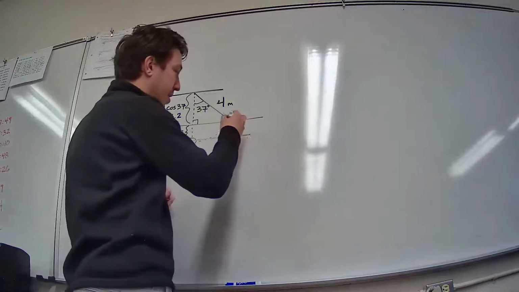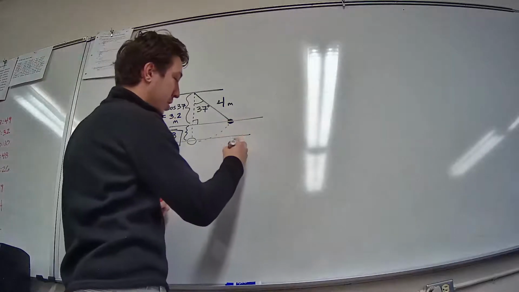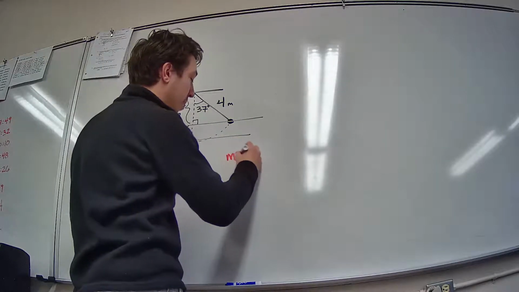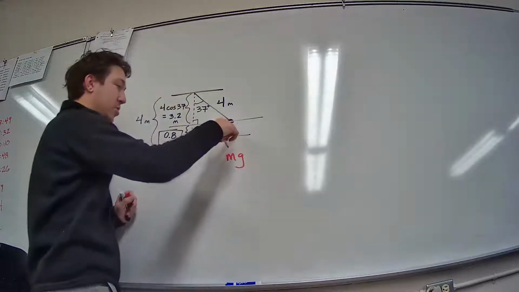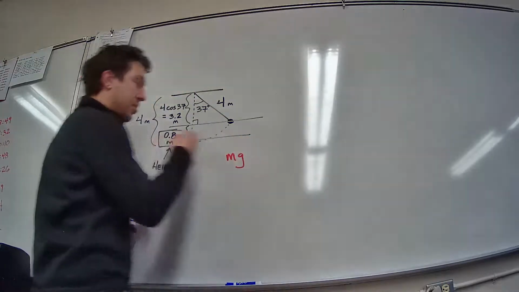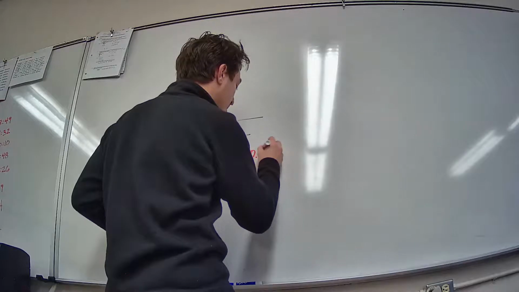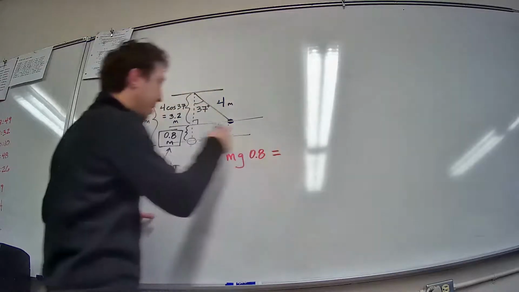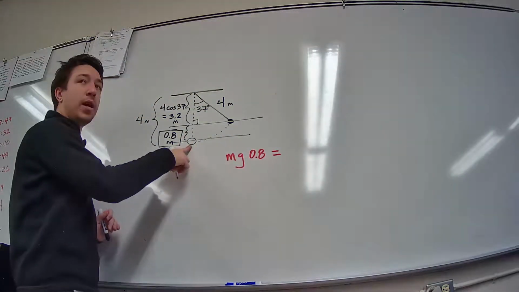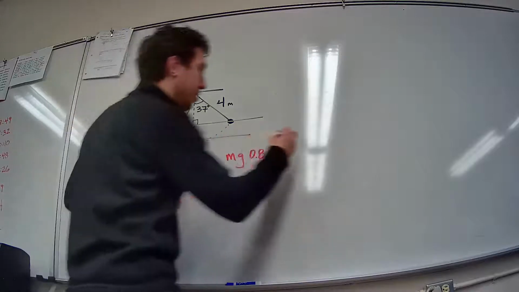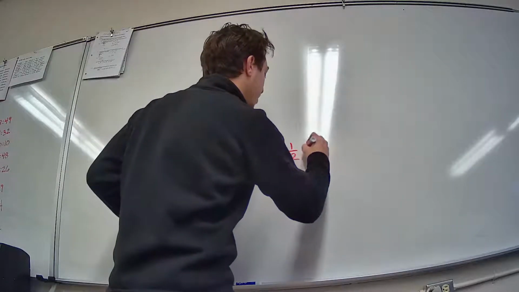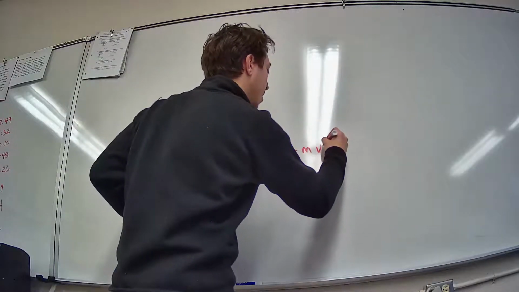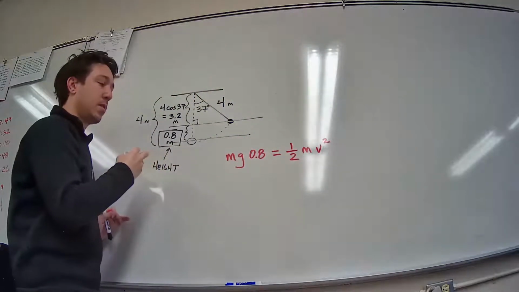Up here, his energy is just mgh. His h is 0.8. And down here, he's got no height, so his energy is 1/2 mv squared.